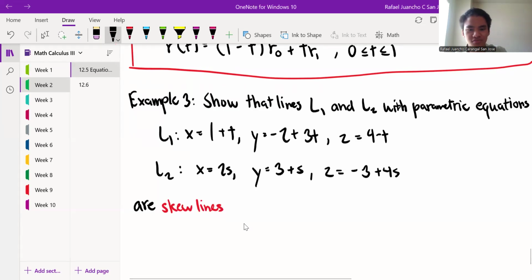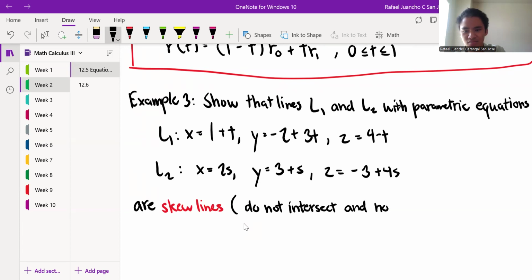And this basically, oh, at least they give it a definition. They do not intersect. So both lines do not intersect, and they're not parallel. So how can we prove that?